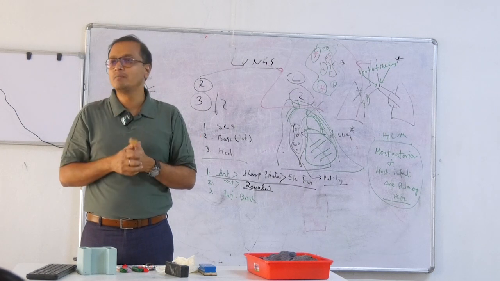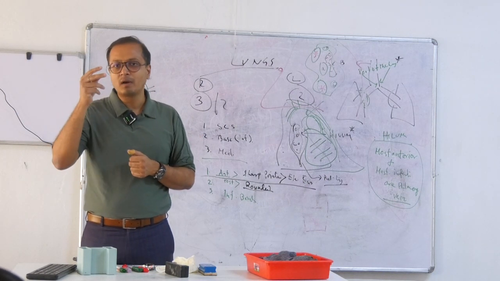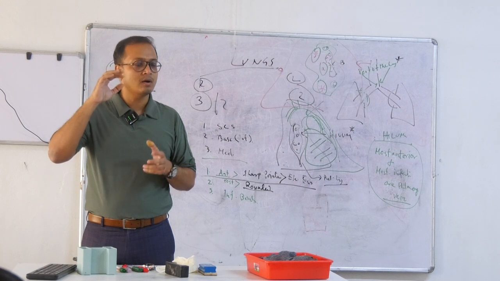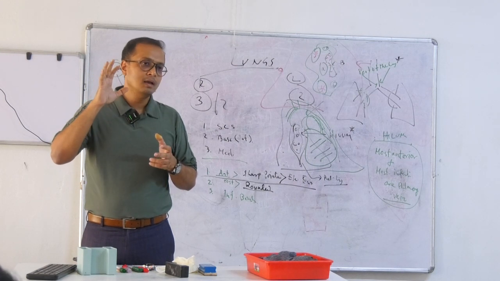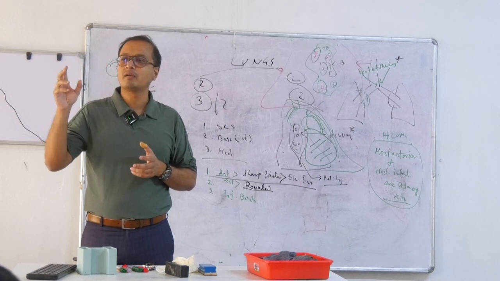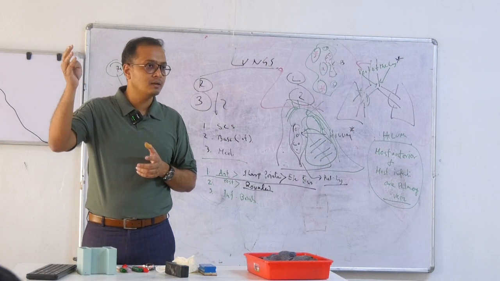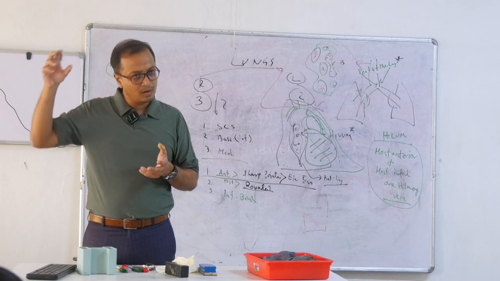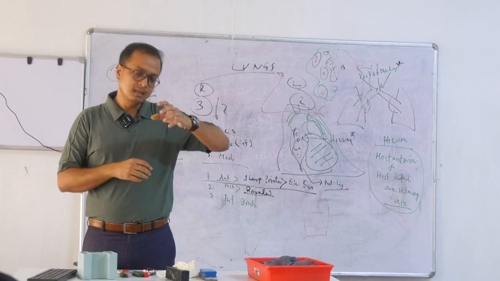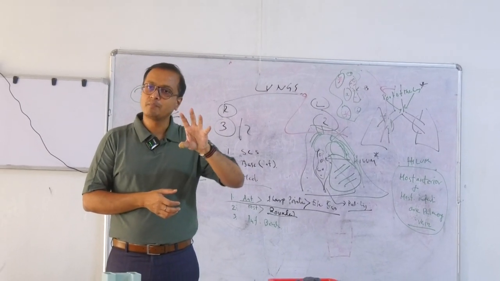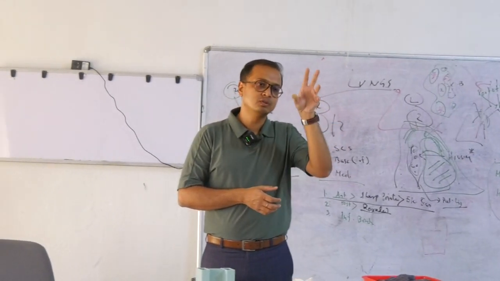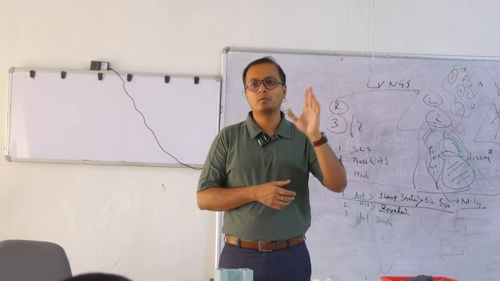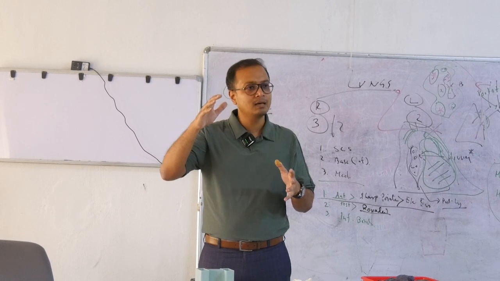Two visible marks I would ask you to memorize: on the left, the cardiac impression and the arch of the aorta arching back; and on the right, the cardiac impression along with the arch of the azygos vein and the superior vena cava.